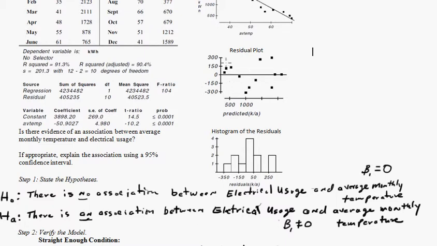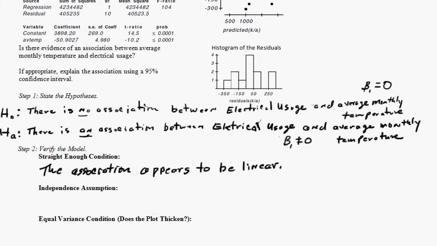I don't see a curvature pattern, like something that comes down, but then these points are here, so it's kind of hard to say it comes back up. So anyway, I don't see any reason to say that it doesn't have random scatter. So the residual plot shows random scatter.